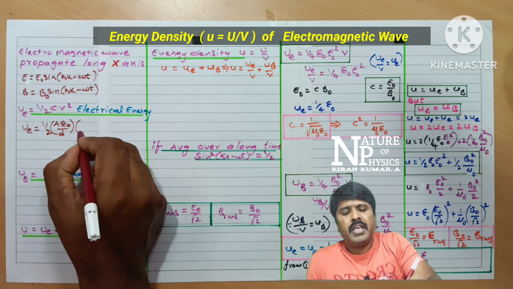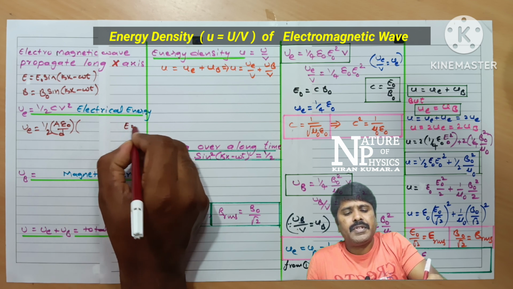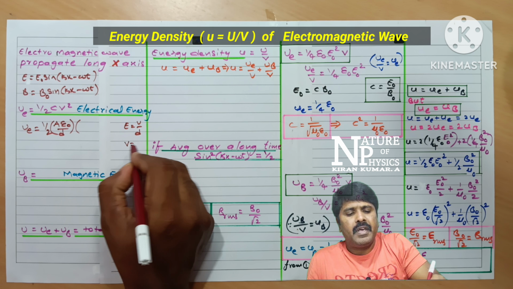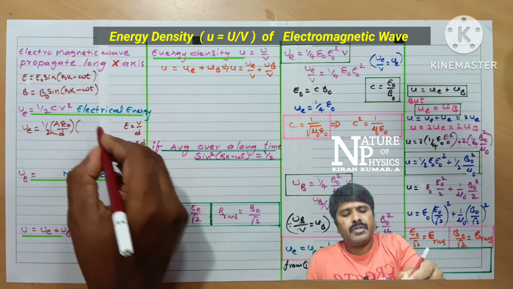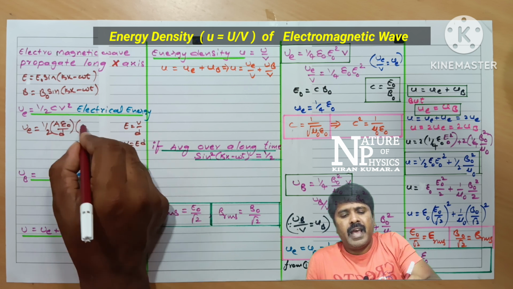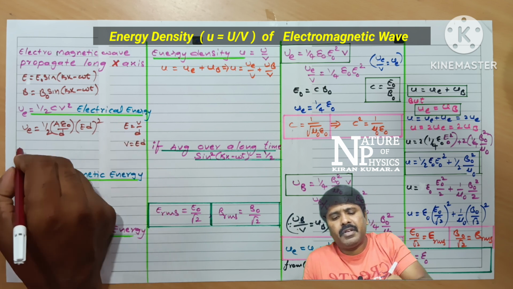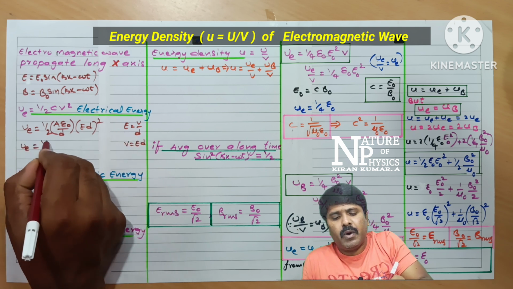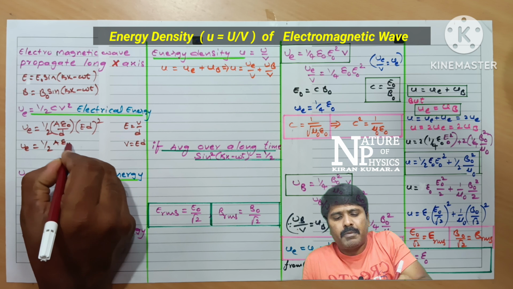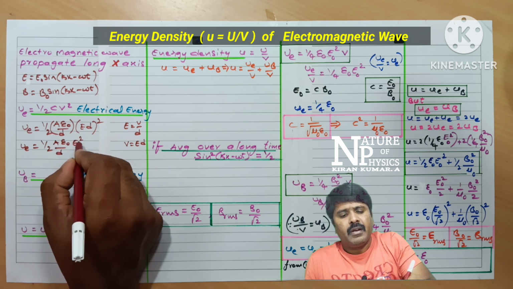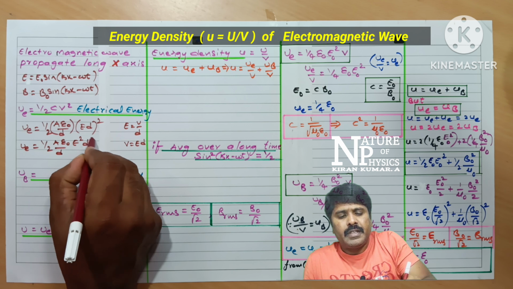And next, the E-V-D relation: E is equal to V divided by D, and V is equal to ED, so the V value is replaced as ED whole square, student.